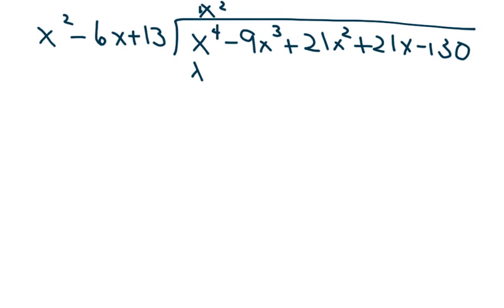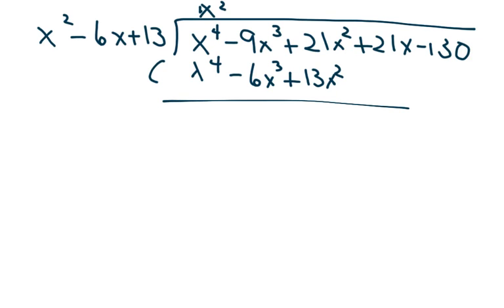You multiply everything, you get x to the 4th minus 6x cubed plus 13x squared. Don't forget we're subtracting each piece. That's why I write the negative this way. All right, and so this is going to be negative 3x cubed plus 8x squared.